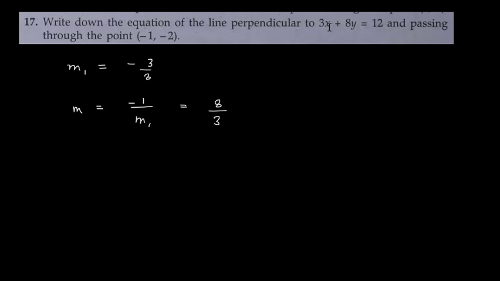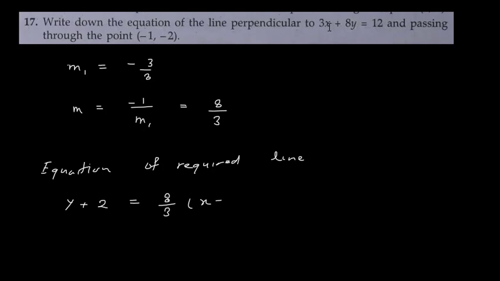And as it is passing through minus 1, minus 2, so equation of required line we will say that this is y plus 2 is equals to 8 upon 3 into x plus 1.